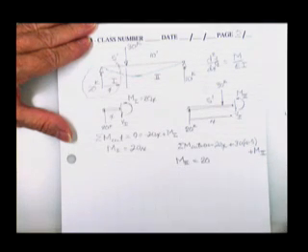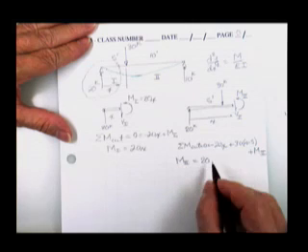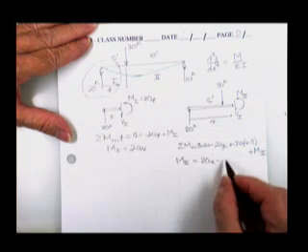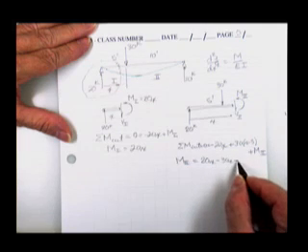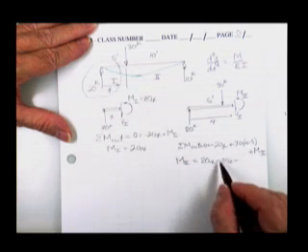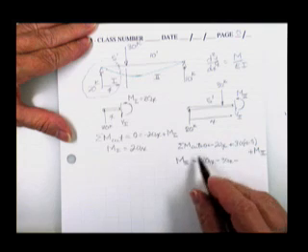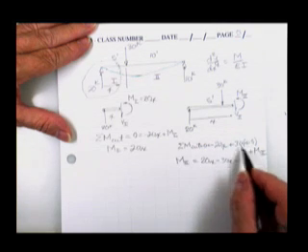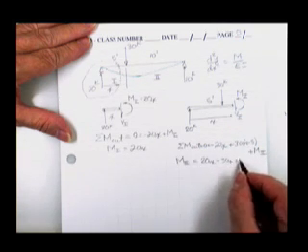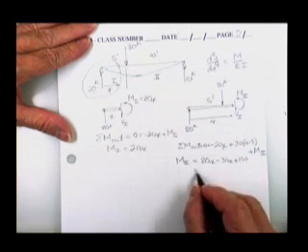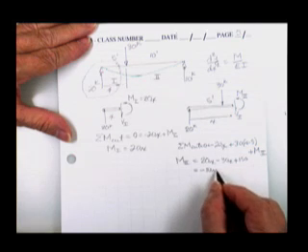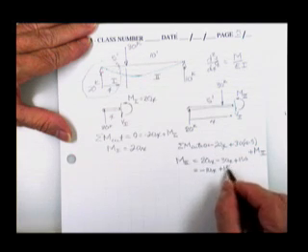So M2 is equal to 20x minus 30x, plus 150, since it's minus 150 on the other side. And so that's equal to minus 10x plus 150.